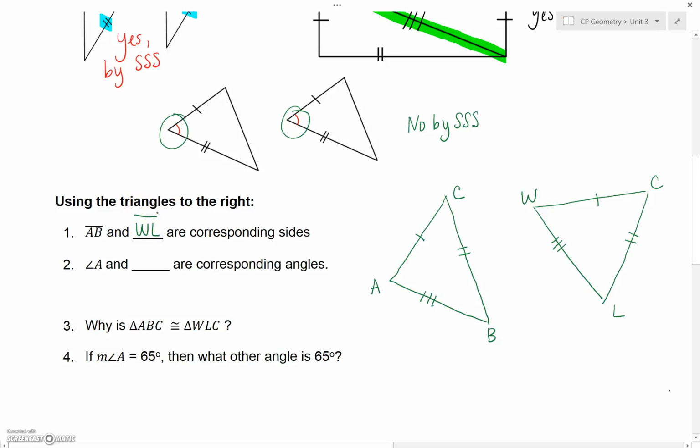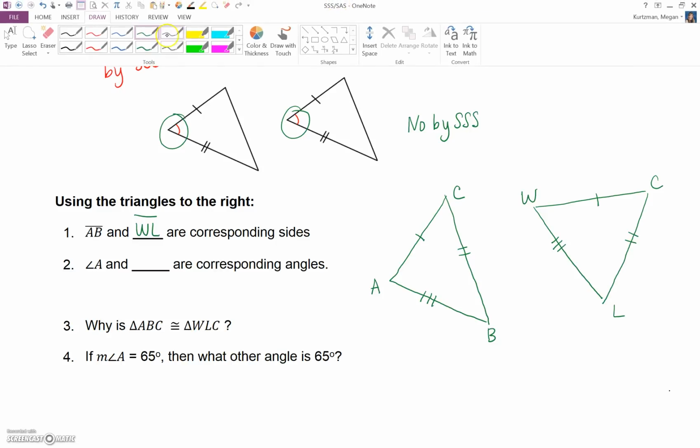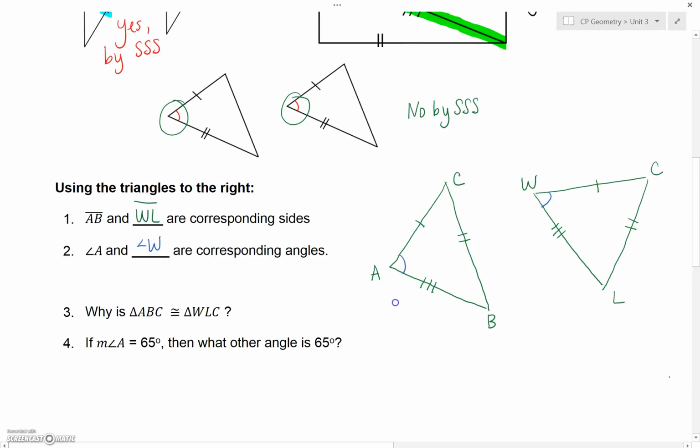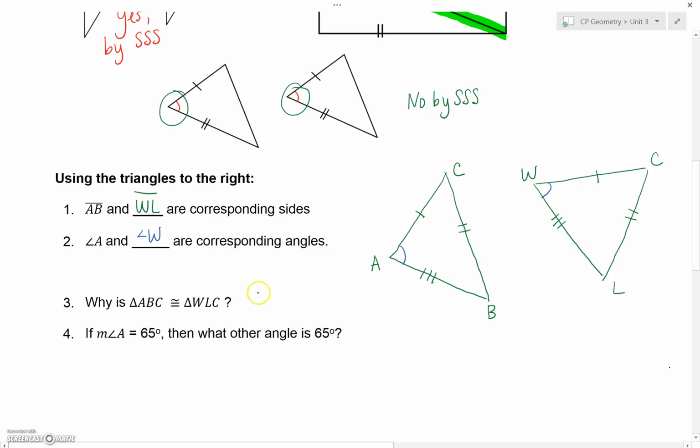Right? Angle A would need to be corresponding between the first tick, the one with 1 tick mark and 3 tick marks. That needs to be corresponding with angle W. Why is ABC congruent to WLC? Well, if we think about what we were just talking about, yes, by side, side, side.